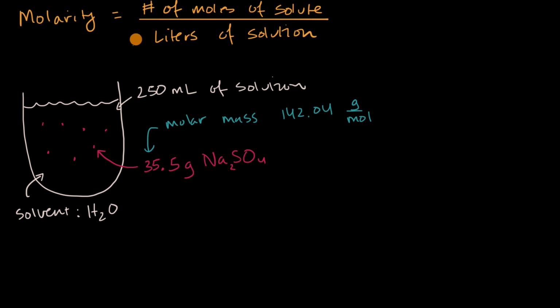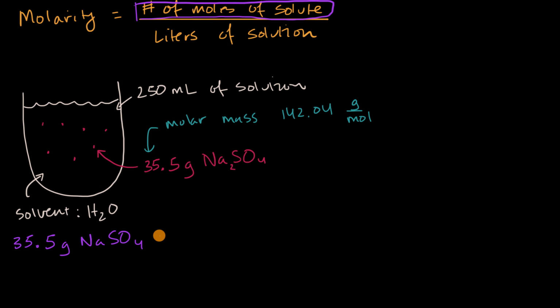All right, now let's work through this together. First, we want to figure out the number of moles of solute. So we can start with the mass of solute that we have right over here. We have 35.5 grams of sodium sulfate. Now if we want to figure out the number of moles, I'm going to multiply this times something that would cancel out the grams. So I don't want grams per mole, I want moles per gram.